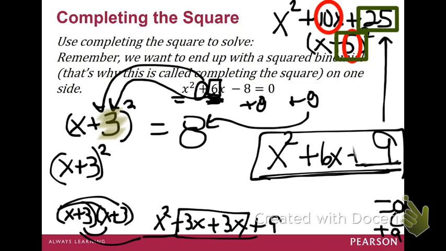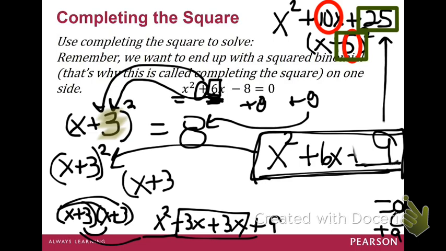So this trinomial right here gets replaced by that. They are the same thing, okay? And then what do I have still on the right side? X plus 3 squared, and then down here, I had my 8 plus 9 is 17. Okay?